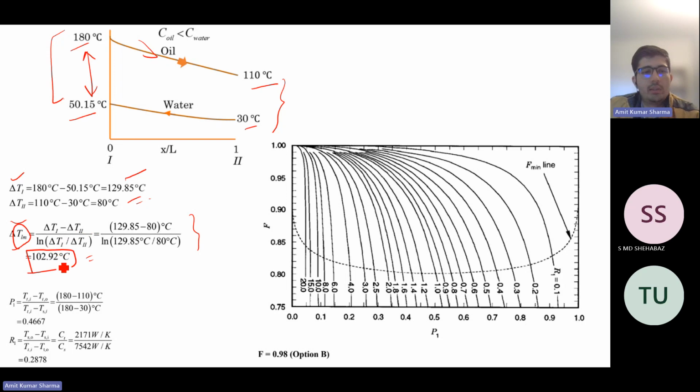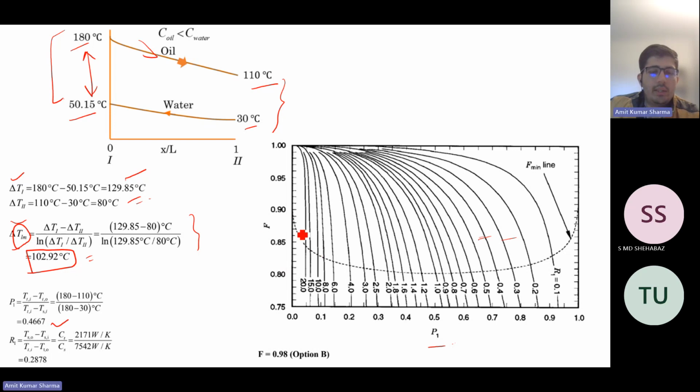Now calculate the P and R. You know the formulas. Okay. So the P will come like 0.4667 and R will be 0.2878. So you have these P lines, and these are the R lines.